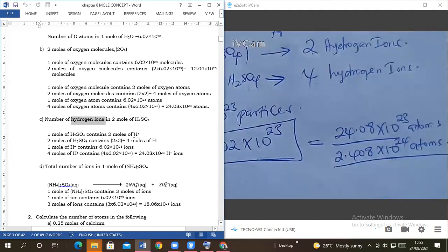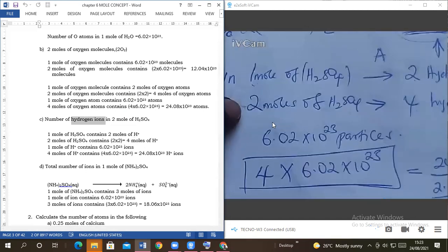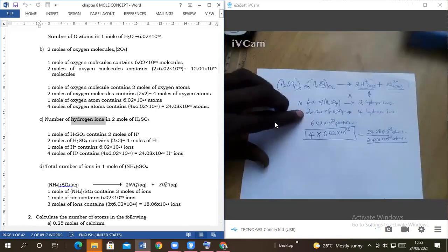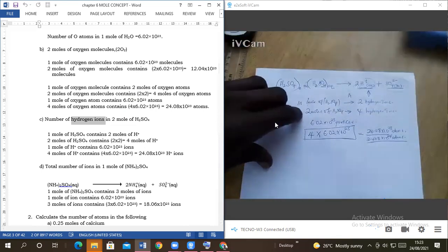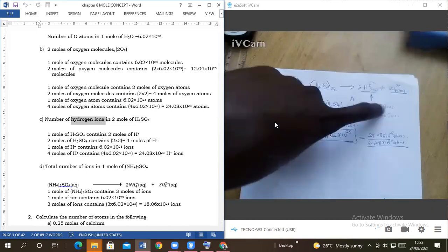Now you ask yourself, if 1 mole produces 2 hydrogen ions, what about 2 moles of sulfuric acid? 2 moles of sulfuric acid will give us 2 times 2, which is 4 hydrogen ions.